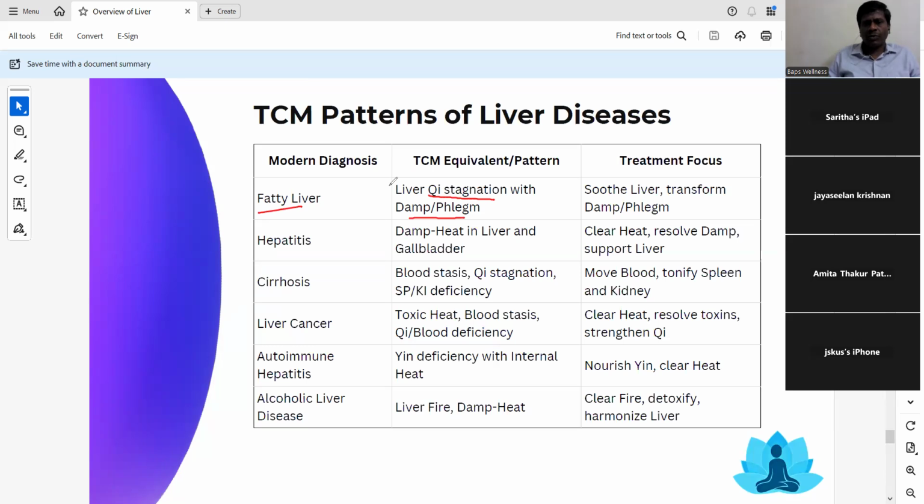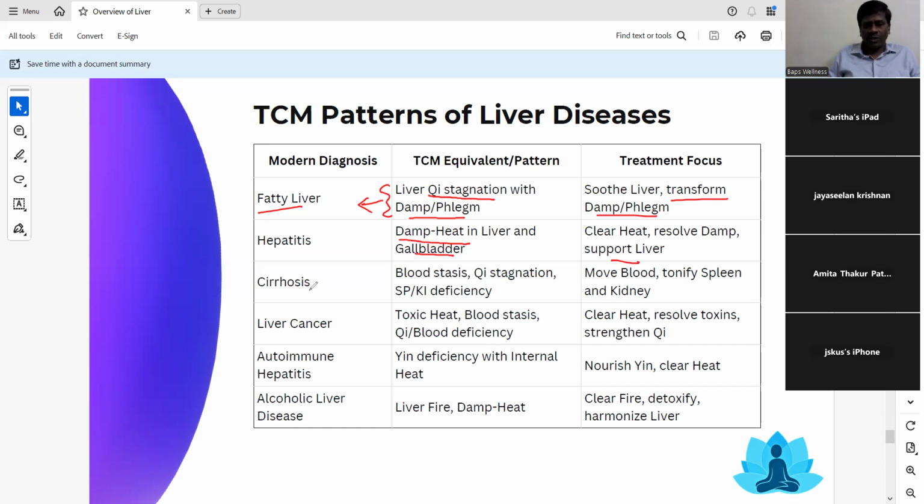This leads to the fatty liver condition. So what we'll have to do is transform or clear the dampness and phlegm. In the case of hepatitis, damp heat in the liver and gallbladder, so resolve the damp, clear the heat and enrich the liver.